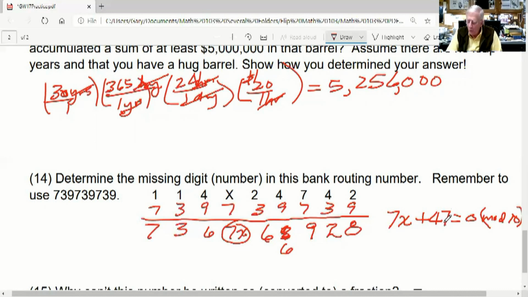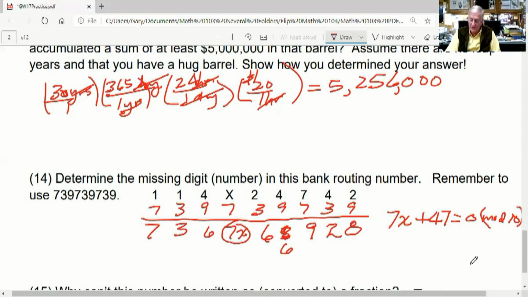Now, what number do I have to add to a 7 for it to end in a 0? I'd have to add a 3 to it, wouldn't I? So what number times 7 in the 7x position would end in a 3 if I'm only allowed to put a single digit down for x?